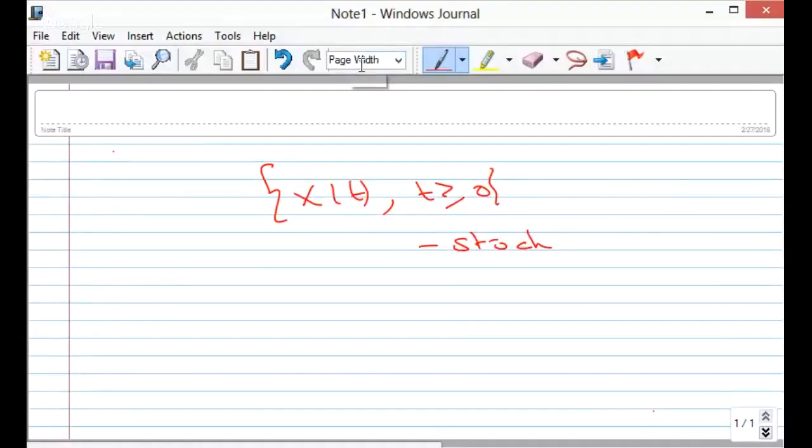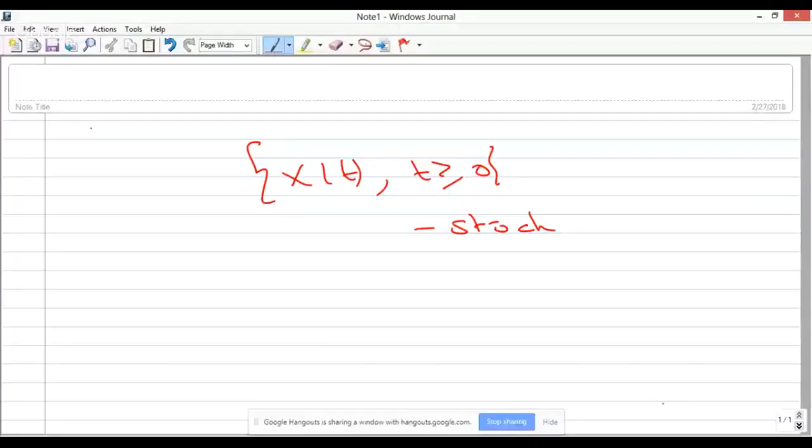I have to share the screen first. Please wait for a minute. Yes. So X of t, that is a stochastic process.